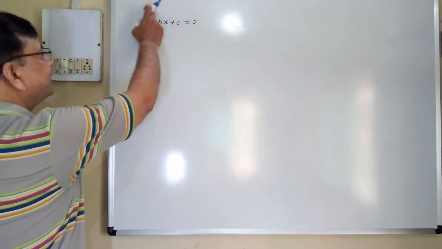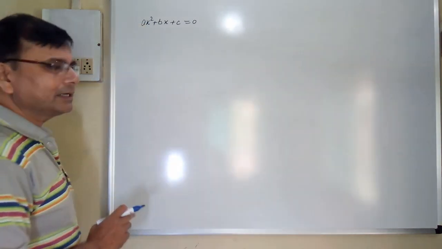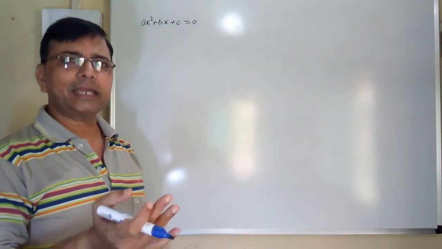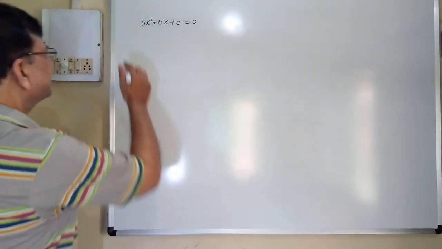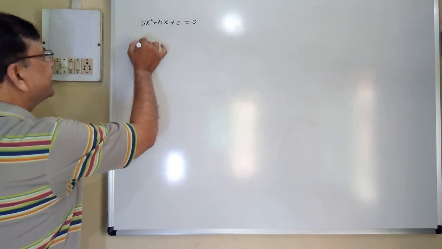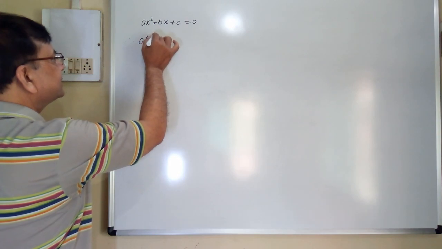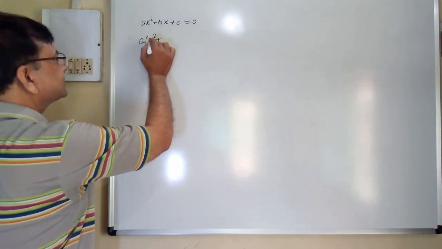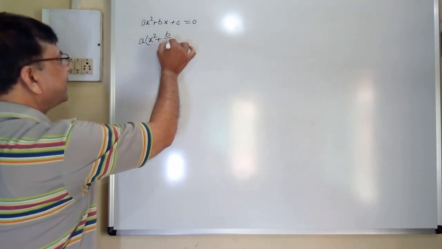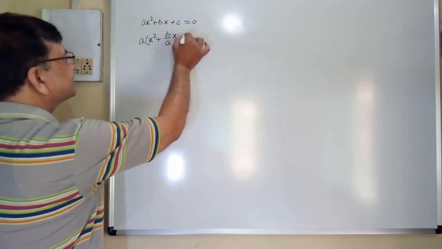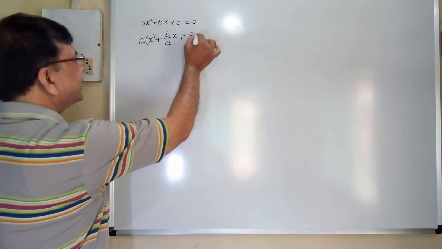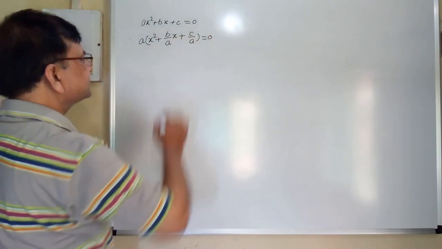First, we will remove the coefficient of x square, meaning we will take a common from this. Therefore, what is left is x square plus b by a into x plus c by a, that is equal to 0.